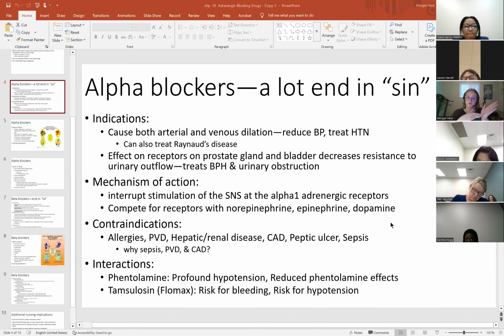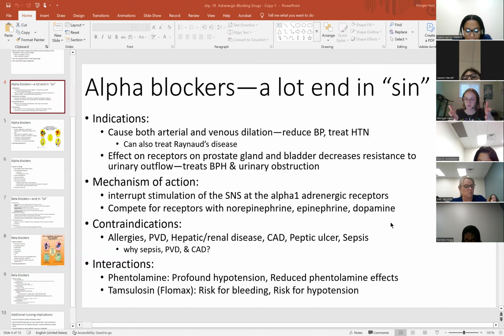If I have issues like urinary retention or BPH, where I'm not getting as much urine outflow, the best thing to do is give a medication that's going to turn off the sympathetic nervous system's ability to constrict that sphincter or relax those bladder walls, right?